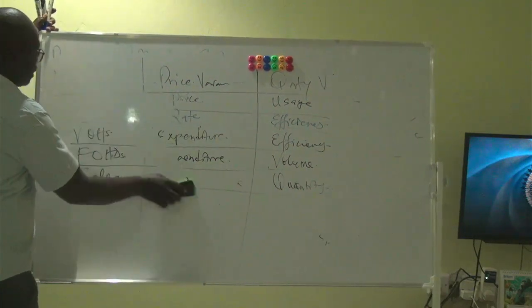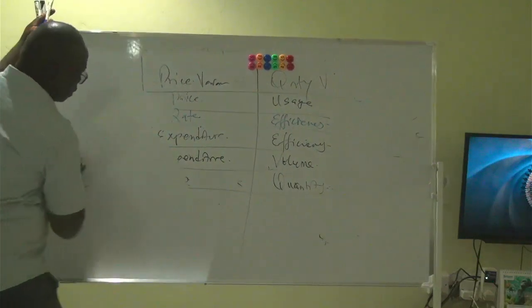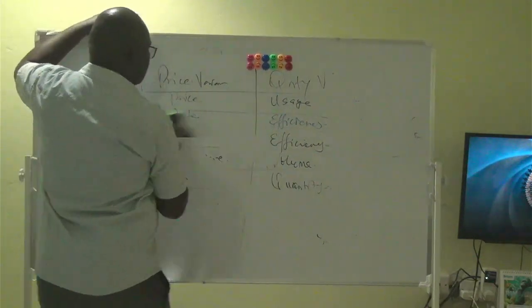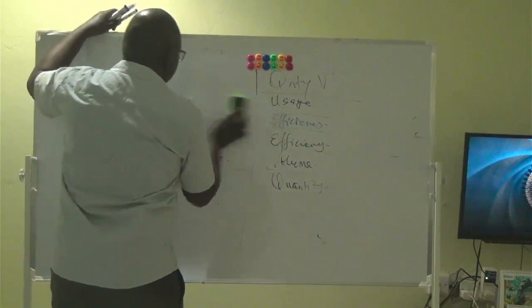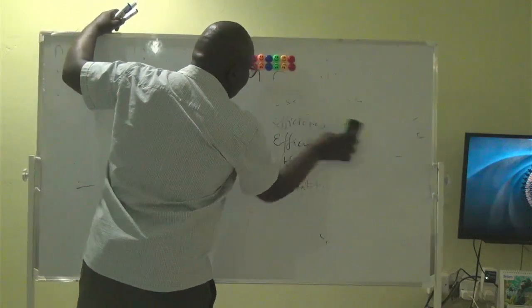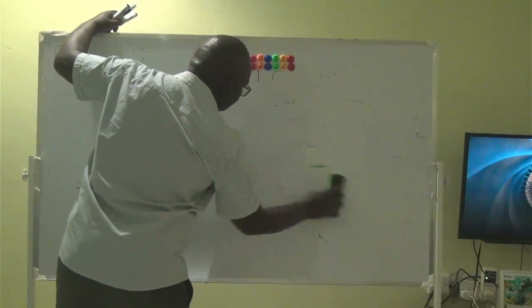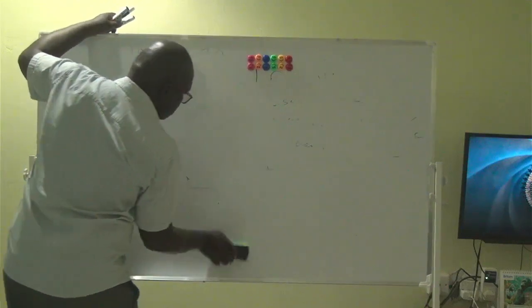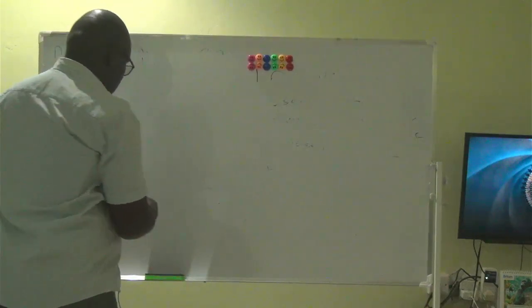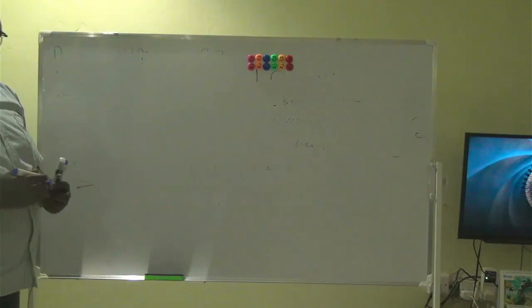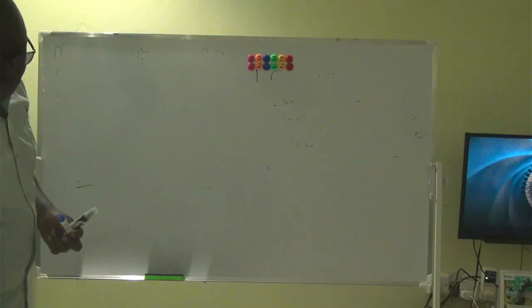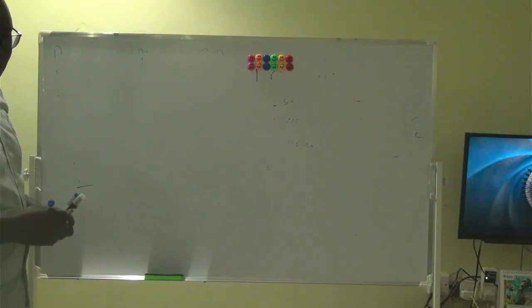We'll bring it back again as we pick this example, so that we see. So we have a direct material cost variance.